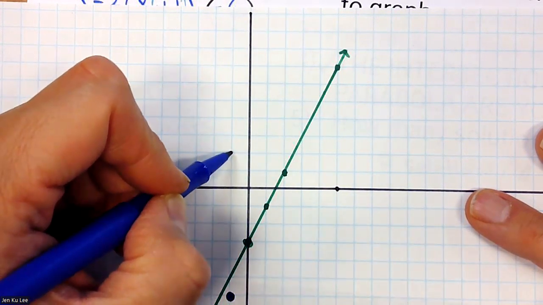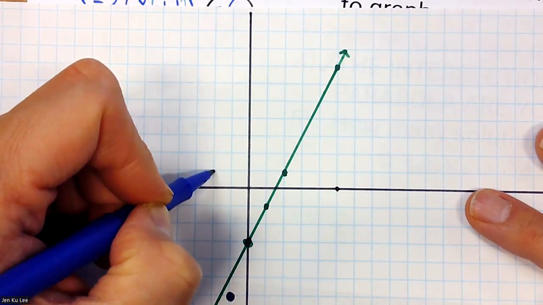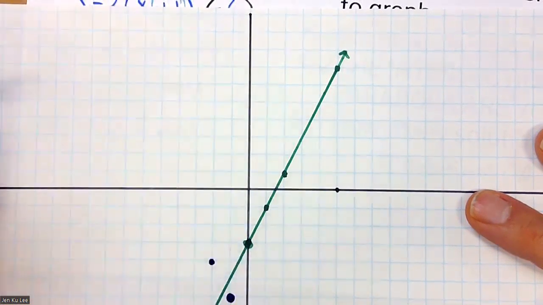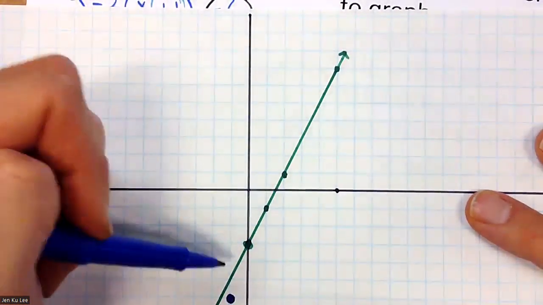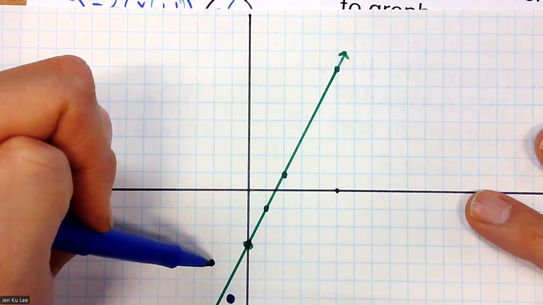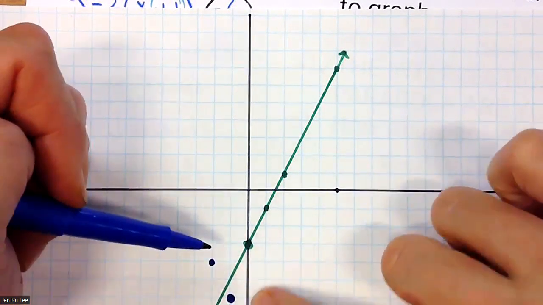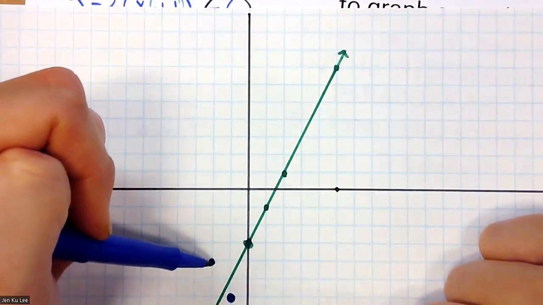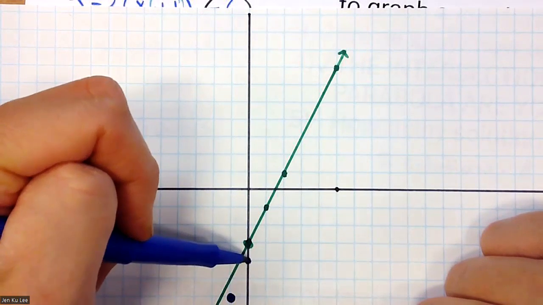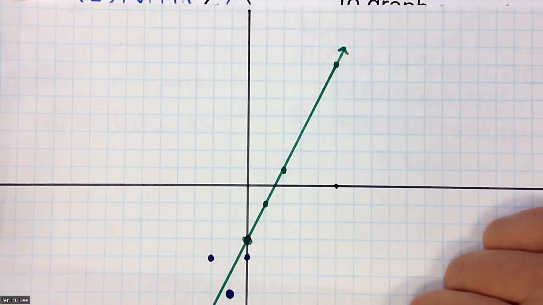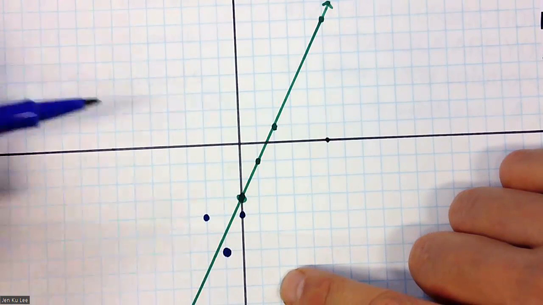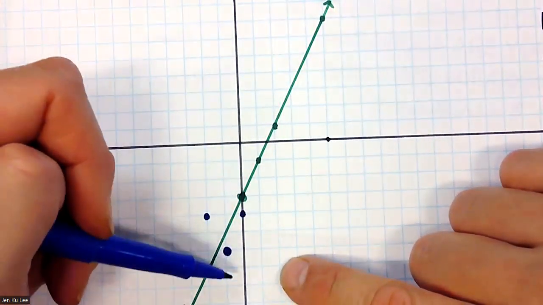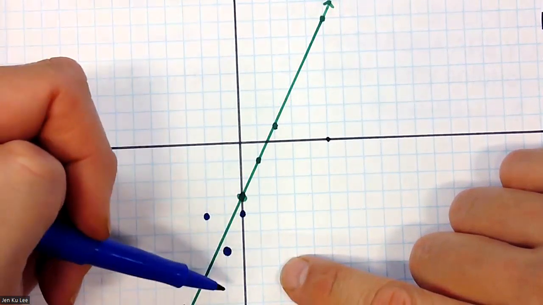And then shift this over 1 unit to the left, down 6: 1, 2, 3, 4, 5, 6. Right there. And I know, class, that my other point at negative 1 is just a mirror image, right? So I'm going to mirror the image and put it right there. Does that make sense? It's going to be a mirror image along the axis of symmetry, which cuts through my vertex.